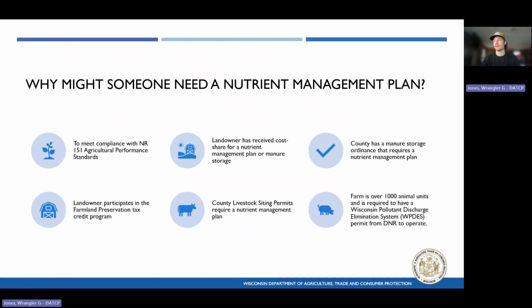If there's a livestock permitting site, they require a nutrient management plan. If the county has a manure storage ordinance that requires a nutrient management plan, or if the farm is over 1,000 animal units or a CAFO, it's required to have a Wisconsin Pollutant Discharge Elimination System permit from DNR to operate. So these are all why someone might need one.